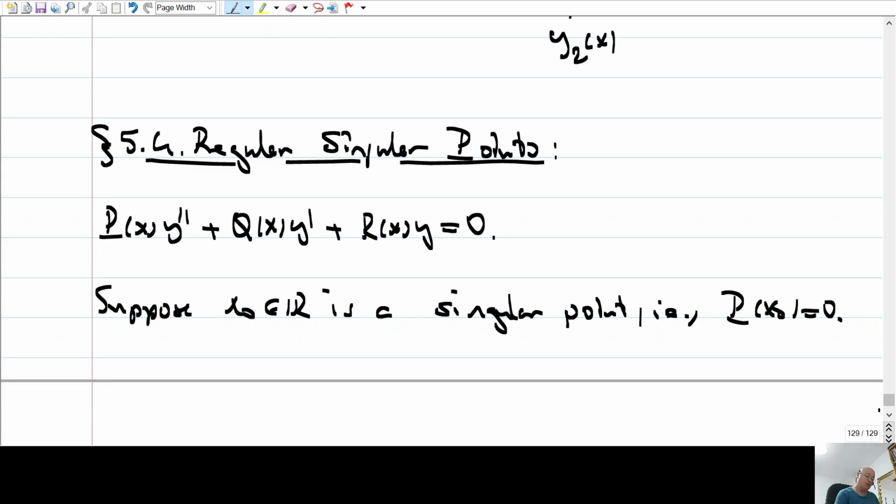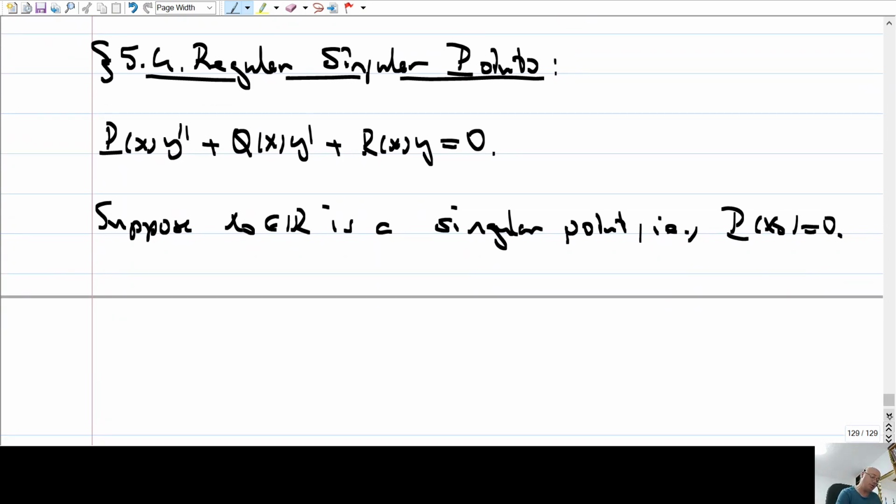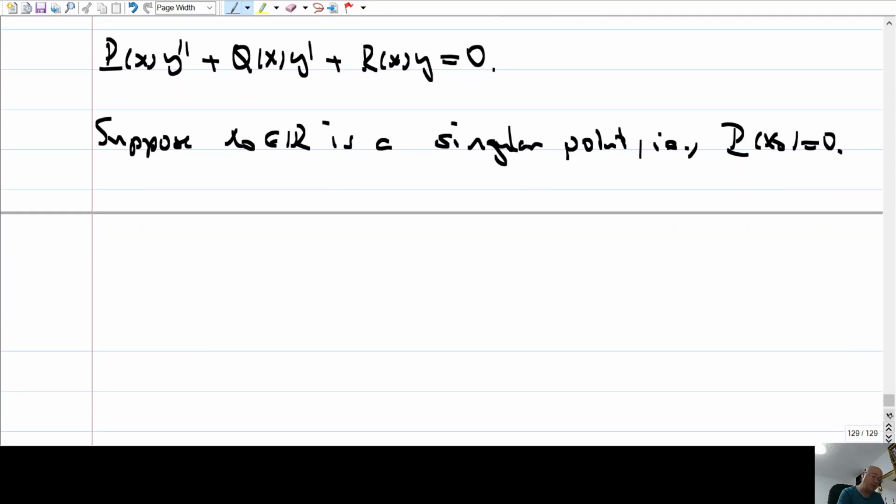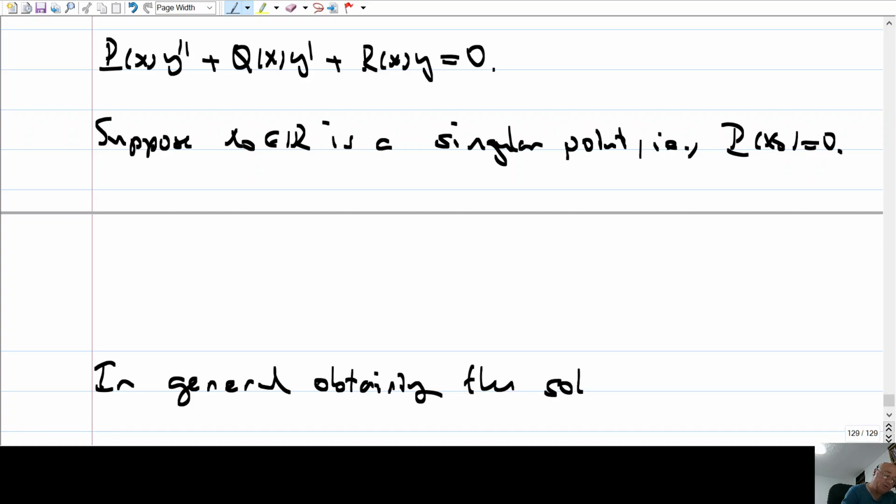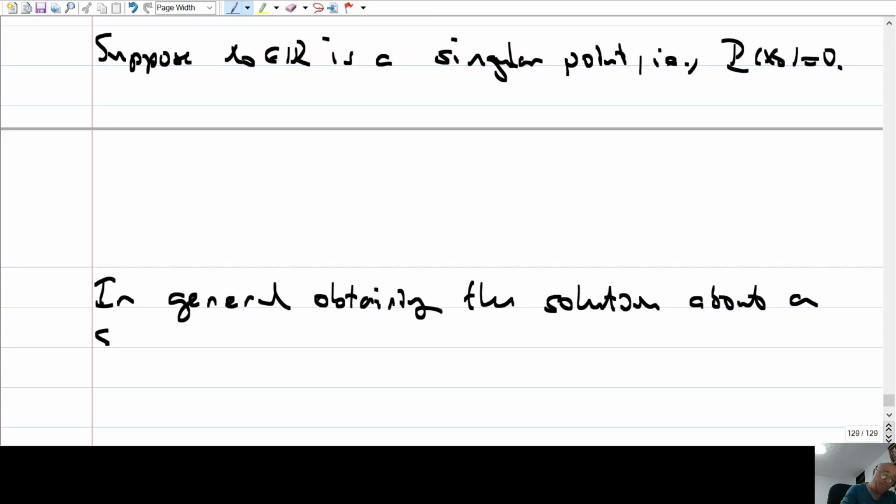In general, obtaining the solution about a singular point is very difficult to obtain, is quite difficult.